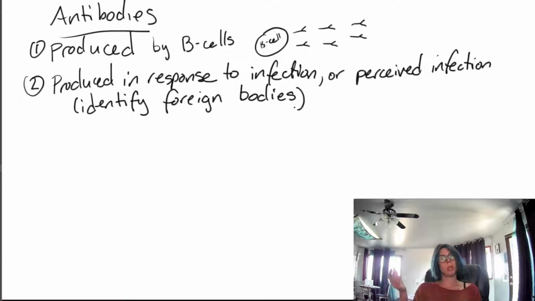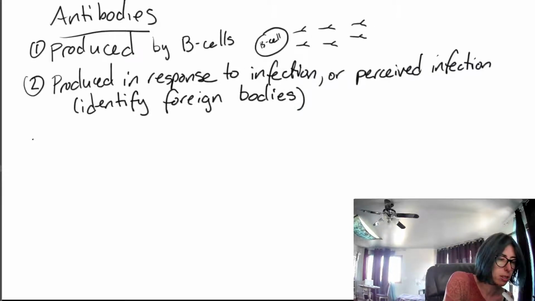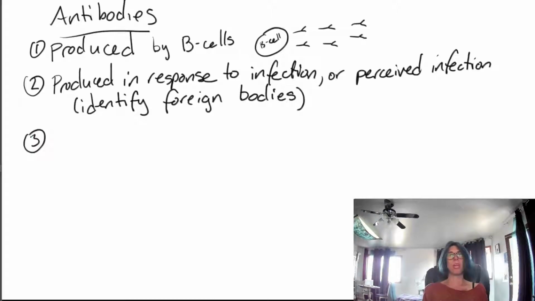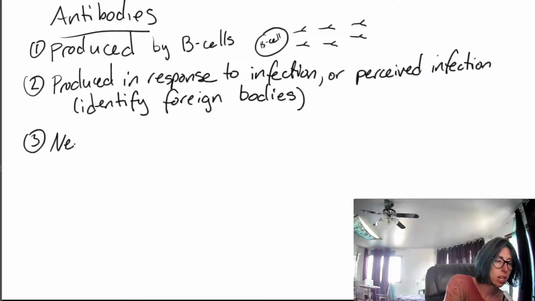There are a few different ways that antibodies fight disease, and we won't get too deeply into that in this video, but I'll just list a few important things. So antibodies, once bound, they can neutralize toxins and pathogens.